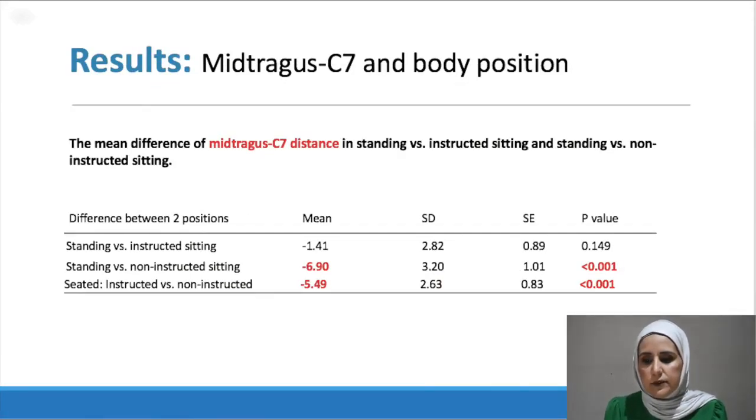In regards to reliability or accuracy of the Midtragus-C7 distance between standing and sitting, we can see there is no significant difference between standing and instructed sitting. In comparison, there is a significant difference between standing and non-instructed sitting, and also between sitting instructed and non-instructed.